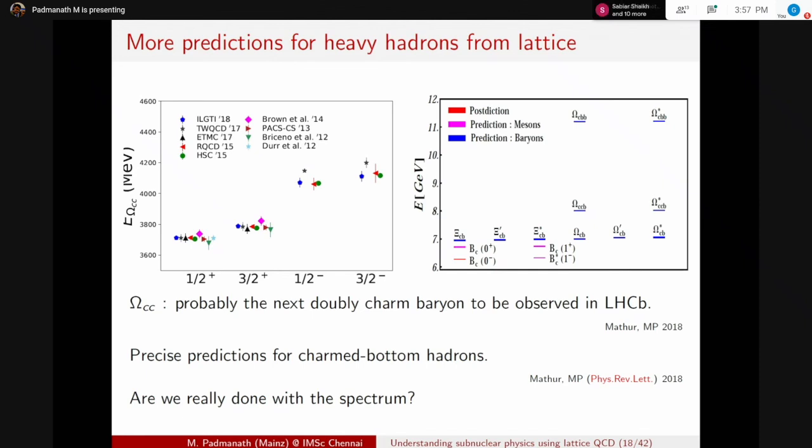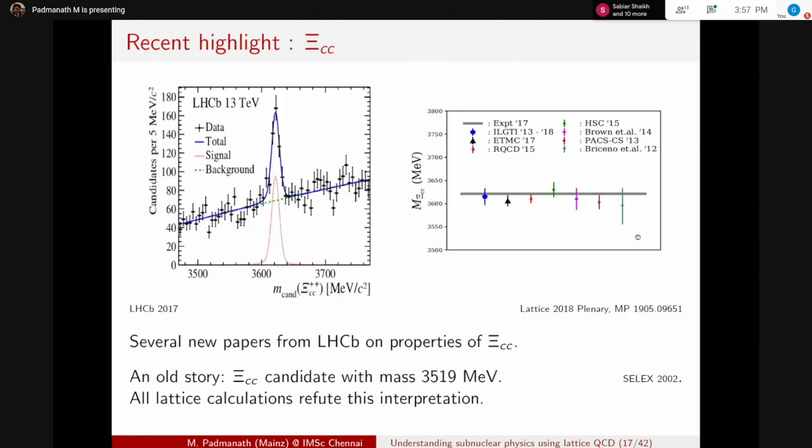Okay. Thanks. One interesting highlight in this regard with respect to ground state determination is the first discovery of a doubly charmed baryon by the LHCb collaboration in the year 2017. On the left hand side I show the peak of the cross section.